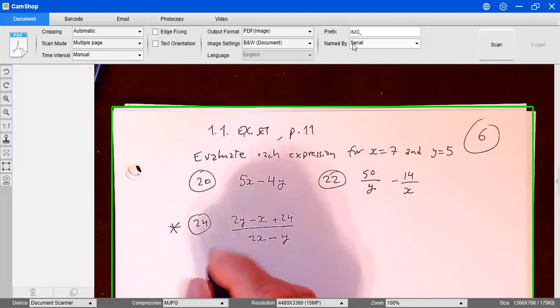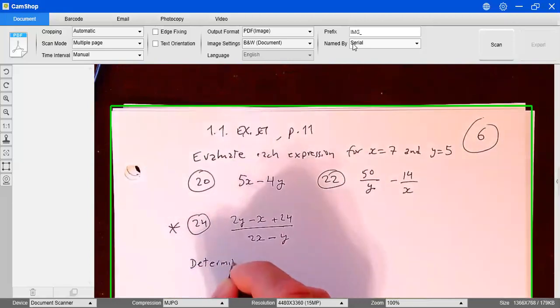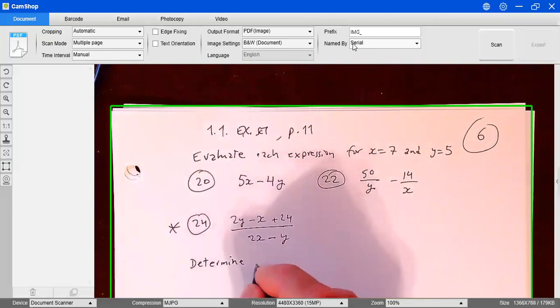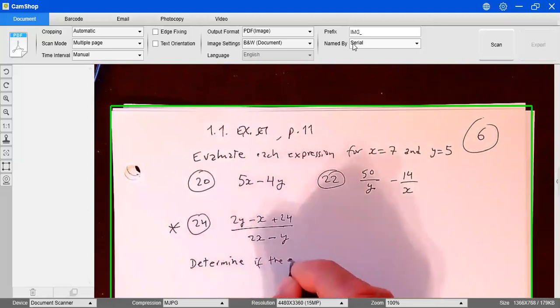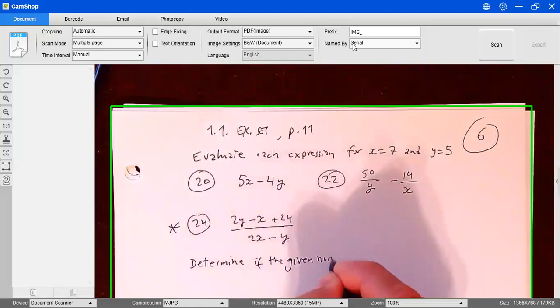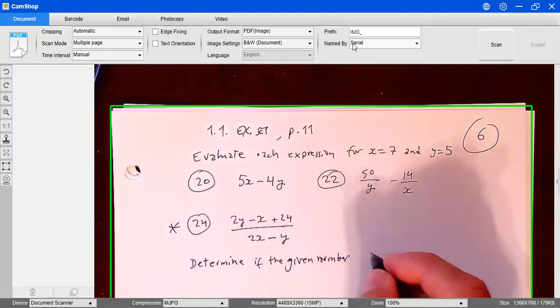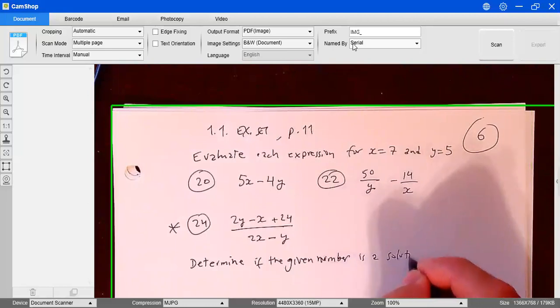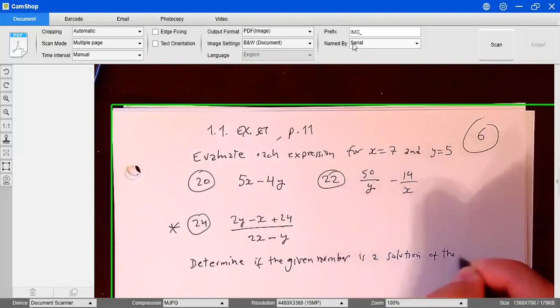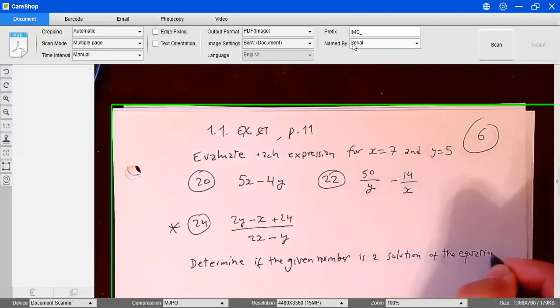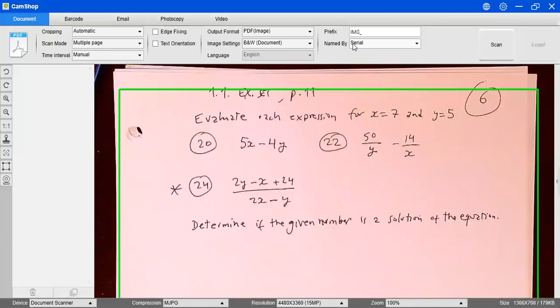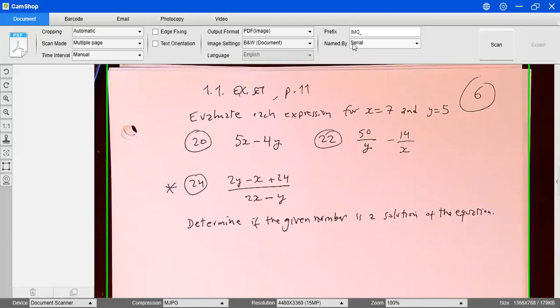Then the question: you're going to determine if the given number is a solution of the equation. If you solve all of them, that's better, that's the best case scenario.